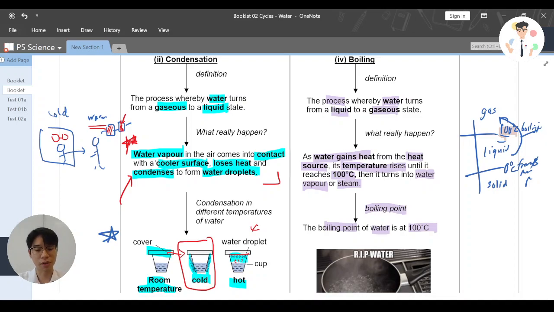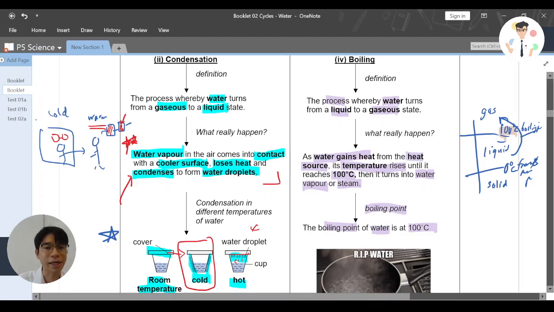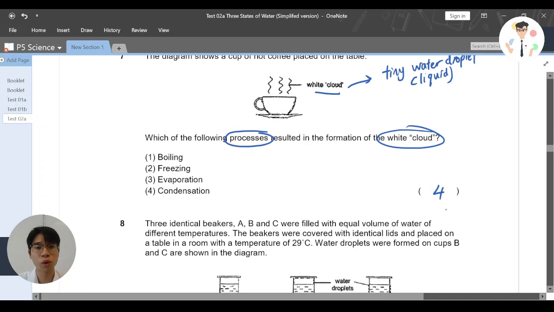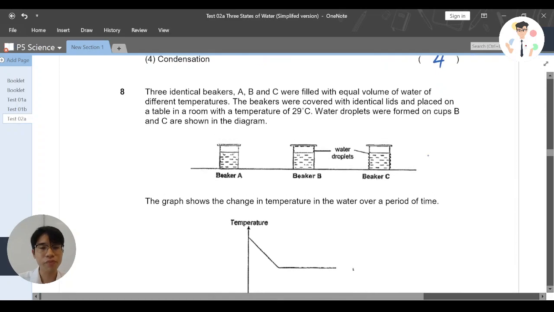From the coffee, from the drink, right? The air comes into contact with the cooler surrounding, loses heat and condenses to form tiny water droplets. So from what I'm reading here, you can know that this is called condensation. Okay? So let's move on to question number 8.